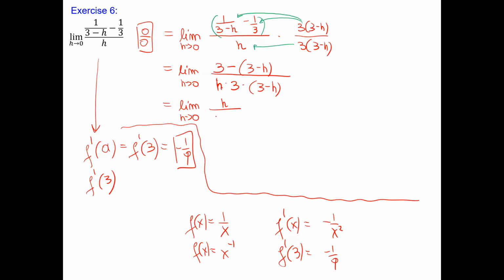One thing, we have to have plus h. Okay, let's do it. Of course, we have a plus h.